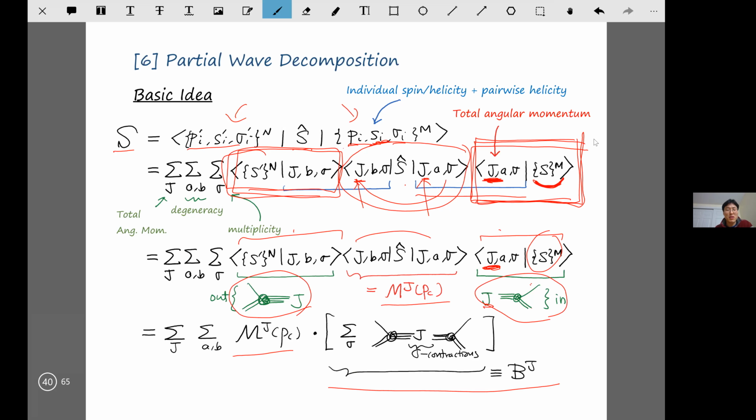This is already one of the very non-trivial things, because as I will show, in the lowest partial wave, meaning the smallest possible J channel, forward scattering cannot happen. For example, a fermion with negative helicity that you throw in cannot come out with the same helicity. So in this situation, it is not a good idea to talk about the scattering amplitude, but rather we're going to directly talk about the S matrix.